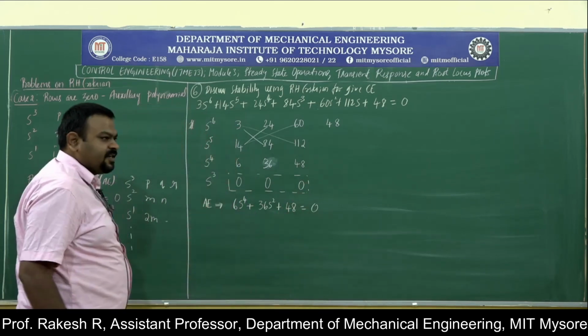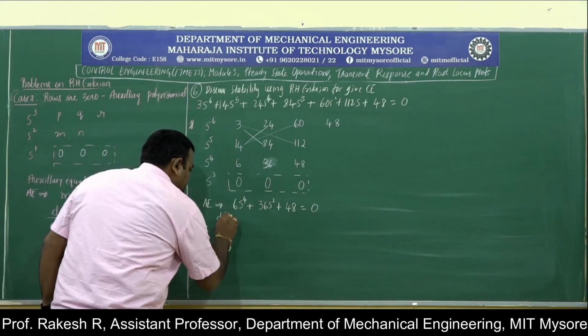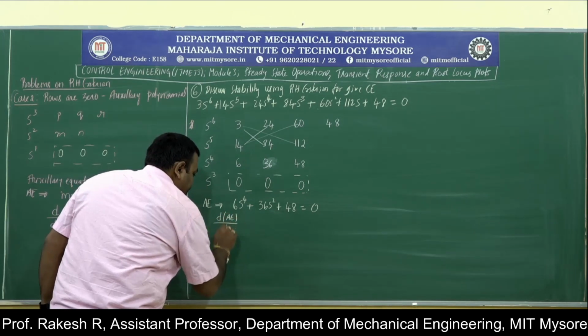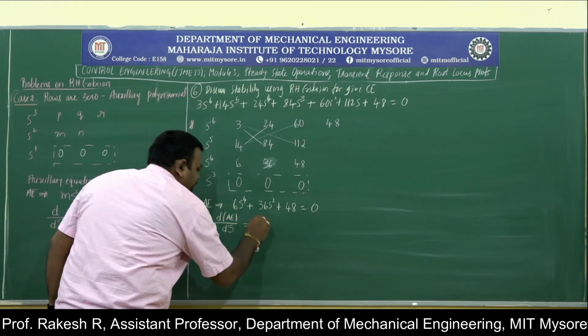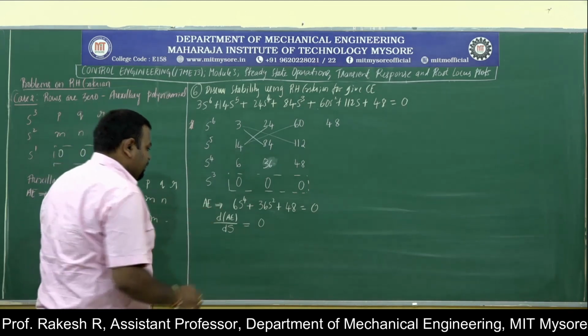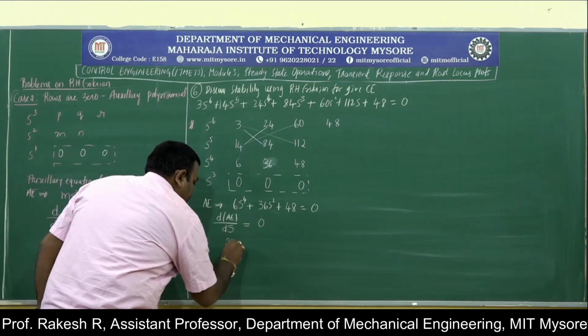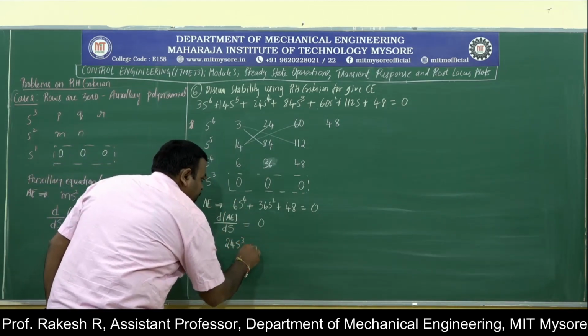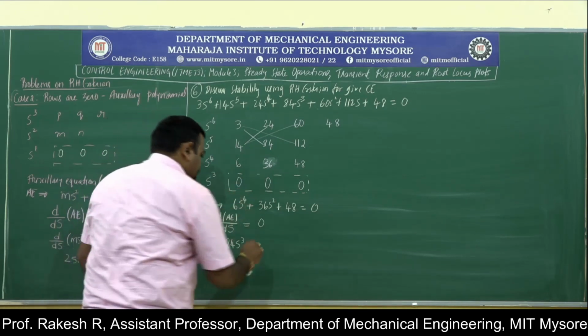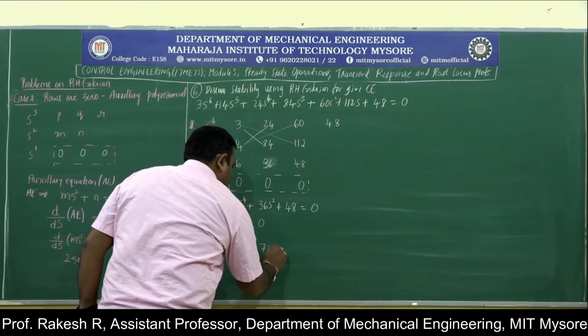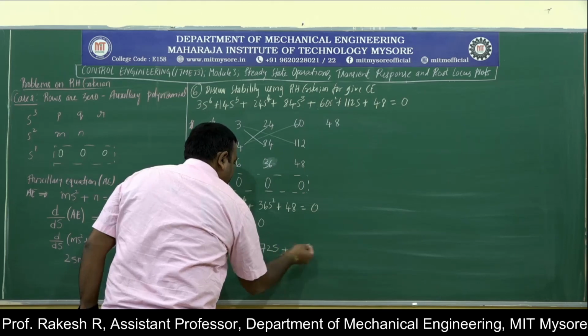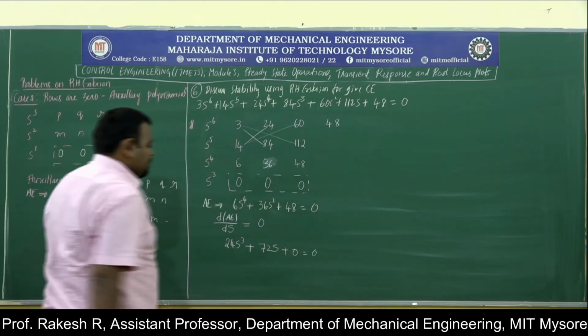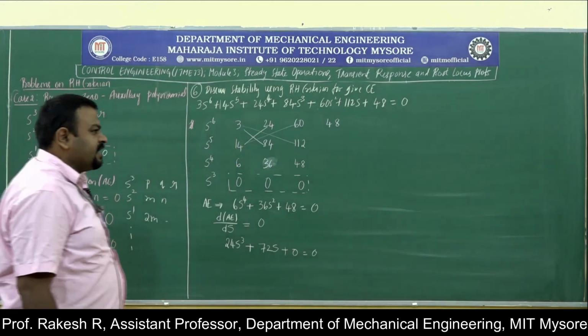This is the auxiliary equation. You differentiate this auxiliary equation with respect to s and equate it to 0. So if you do this, it will be 6 times 4s, which is 24s cubed, plus 36 times 2s, which is 72s, plus 0, since the differentiation of the constant is 0. So this is the differentiated equation.